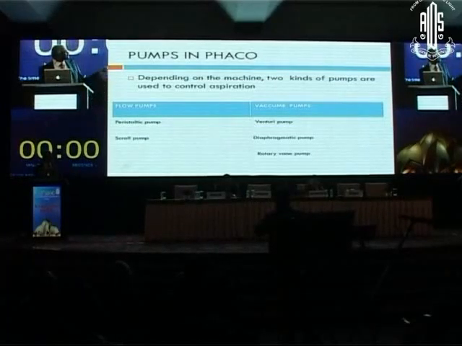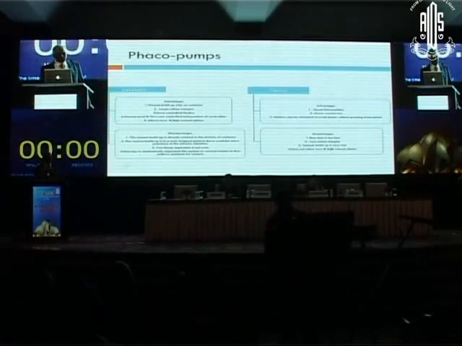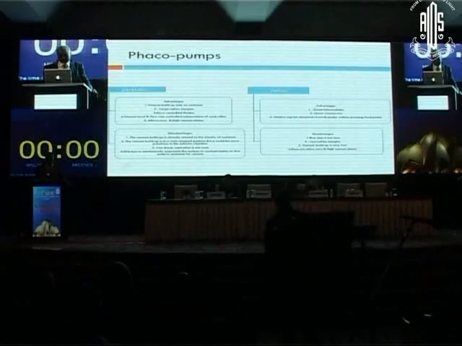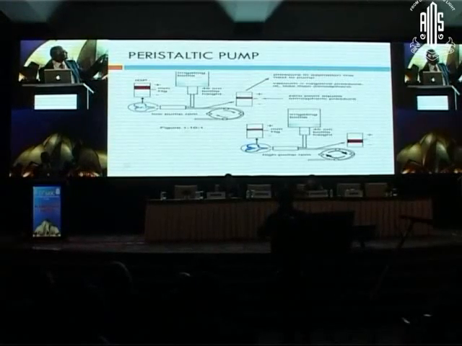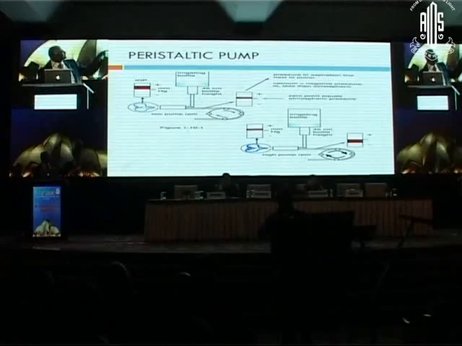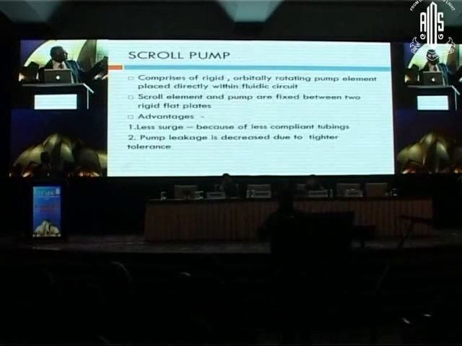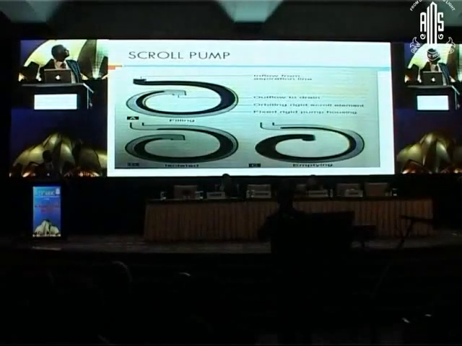Now these are the pumps. You know the peristaltic, scroll, venturi, diaphragmatic and rotary pumps, but normally we use only 2 pumps, and that is the venturi and peristaltic pumps. The other pumps we are not using. So this is the peristaltic pump, and the scroll pump we are not using.